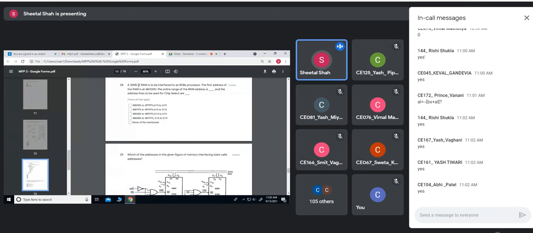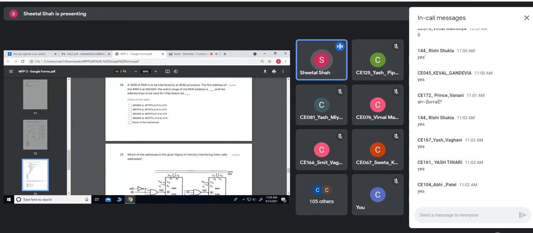A 32 KB of RAM is to be interfaced to an 8086 processor. The first address of the RAM is given as 48000H. What is the entire range of memory addressed by this 32 KB RAM, and which address lines are connected to the chip select line?